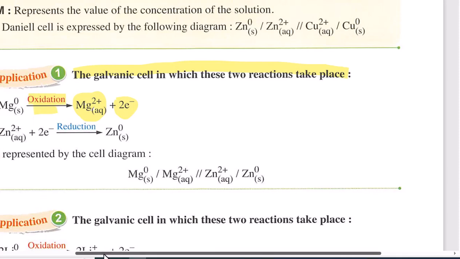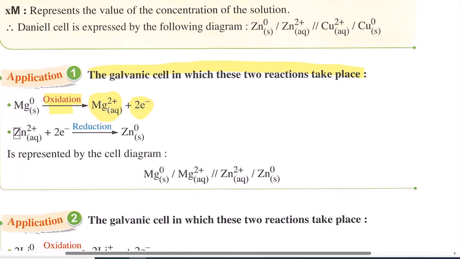And the cathode, where zinc positive 2 in the aqueous solution is reduced by 2 electrons, undergoes a reduction process and turns into zinc 0 solid. It is represented by the cell diagram. It starts from the anode, magnesium 0 solid oxidized into magnesium aqueous positive 2, then the salt bridge, two diagonal lines, then zinc positive 2 aqueous and zinc 0 solid, the reduced form.